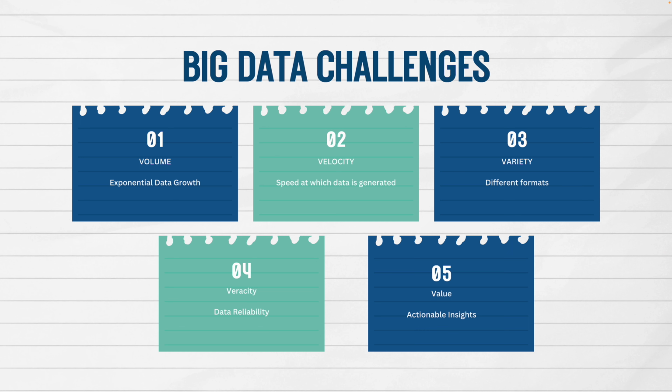Volume is related to the growth in data, which has grown exponentially with the introduction of digital devices, online transactions, social media platforms, IoT devices. So you'll see data flowing here and there from multiple sources. Handling such a large volume of data is not something which traditional database management and data processing techniques can do.